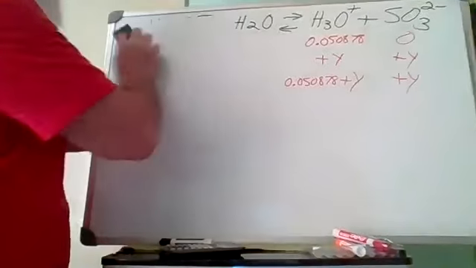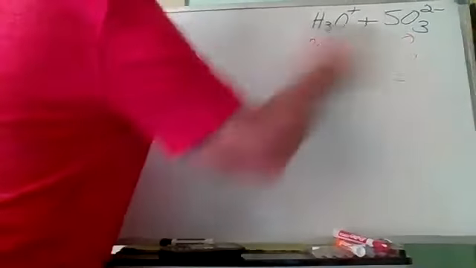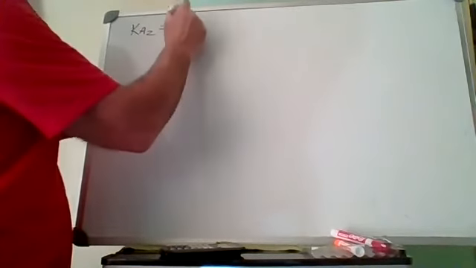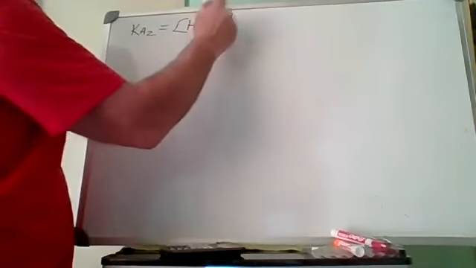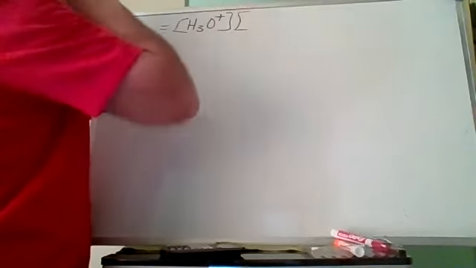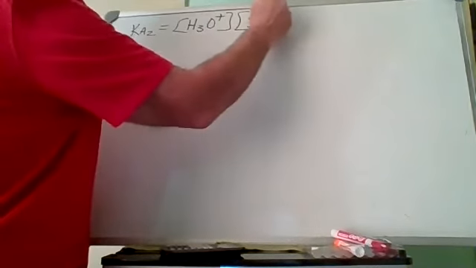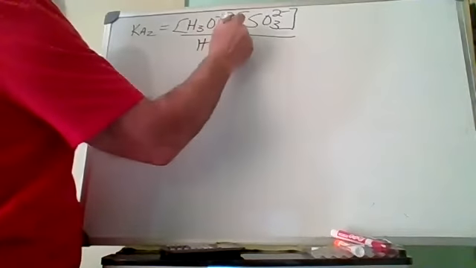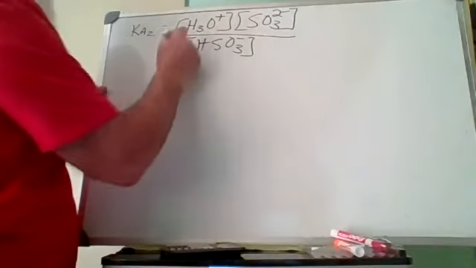I'm going to erase it and set up the expression for Ka2, and hopefully I can do this without having that information in front of me. So let's have a look here. Ka2 equals H3O plus times sulfite anion divided by hydrogen sulfite anion.